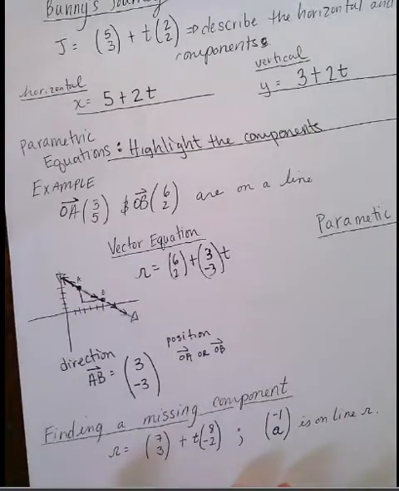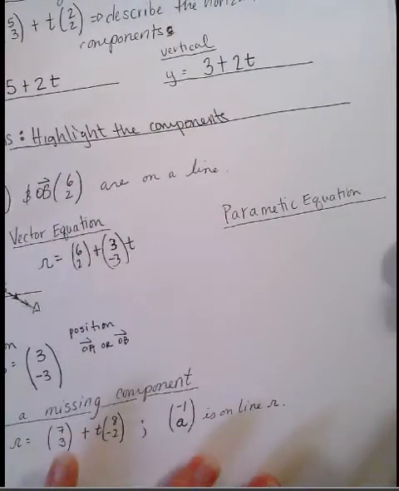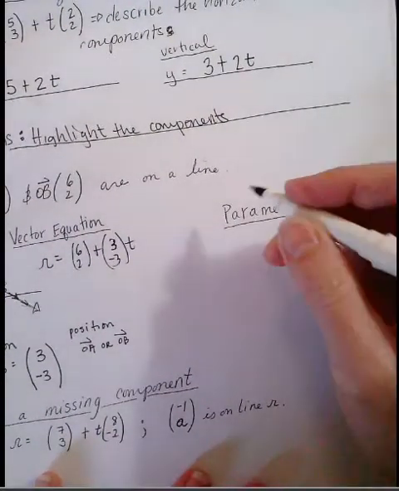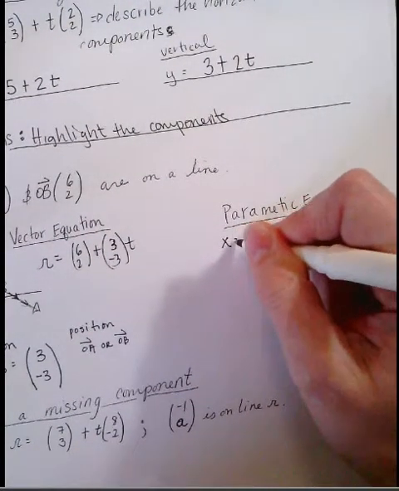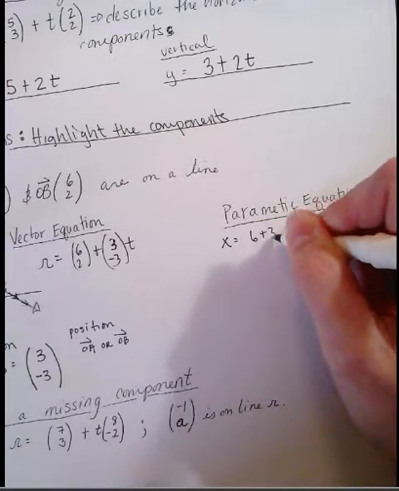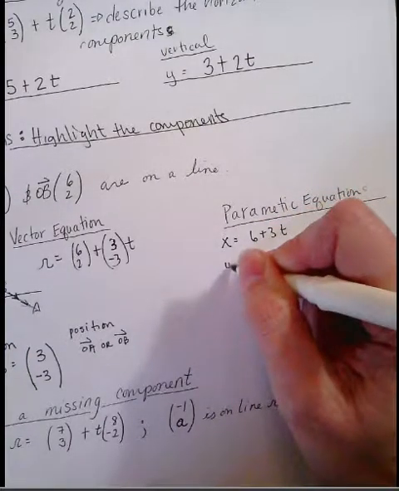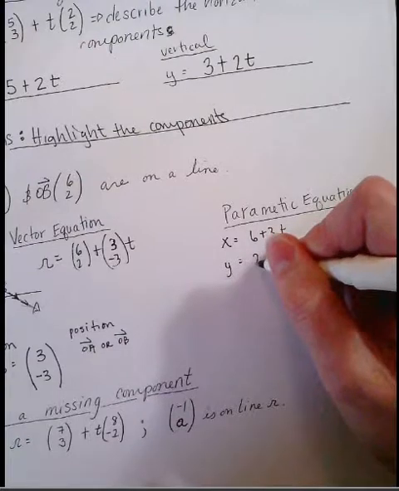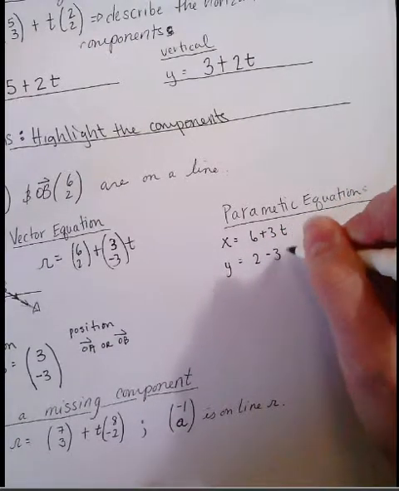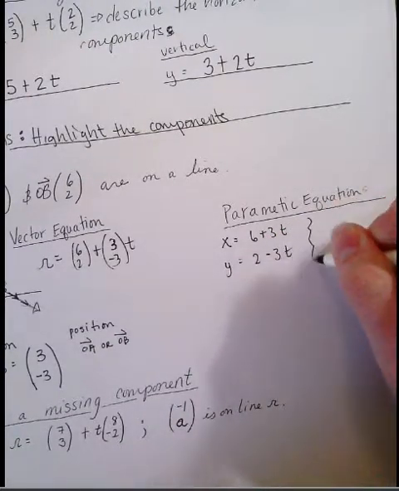Now, if we wanted to talk about this in terms of the parametric components, the parametric equations are going to be that the x part is 6 plus 3t, and the y part is 2 minus 3t.